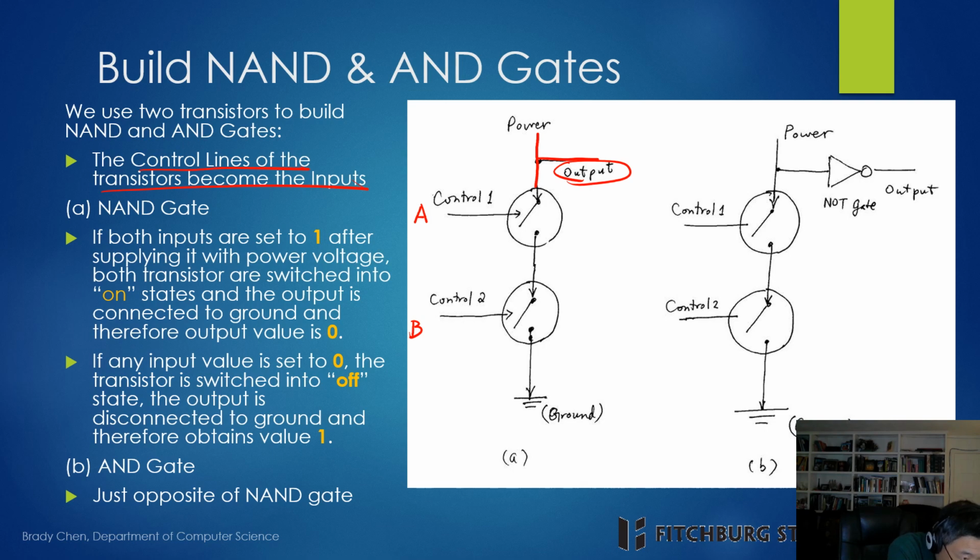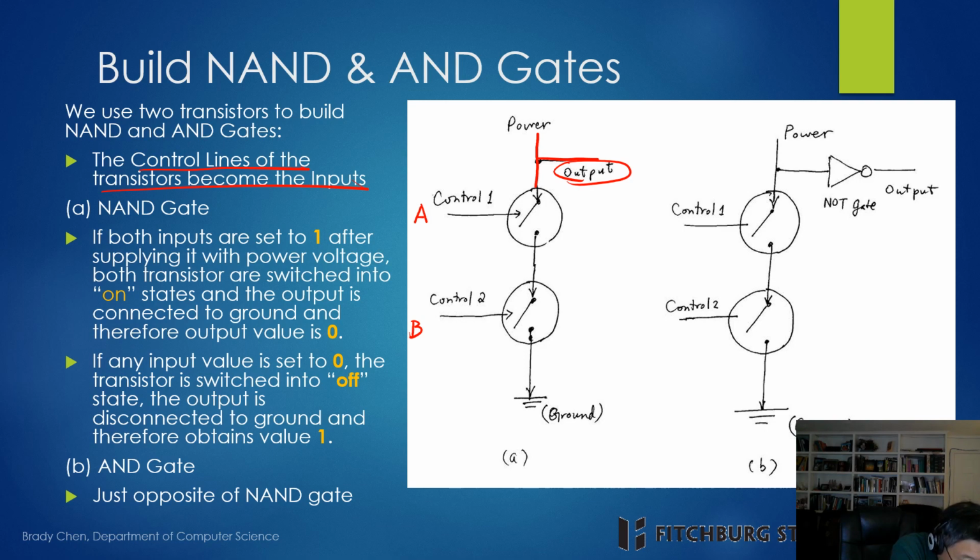Now remember, for a transistor, if we set the value of the control line to 1, that means we connect the collector and the emitter. So we set the switch of the transistor to the on position.